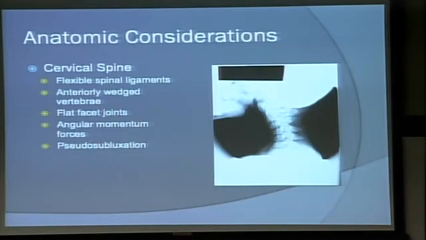And it's not a problem for paramedics, but for us, when we look at a kid's cervical spine film, you can be fooled by what's called pseudo-subluxation. It looks like the vertebrae are sliding forward on each other. It's not really true.